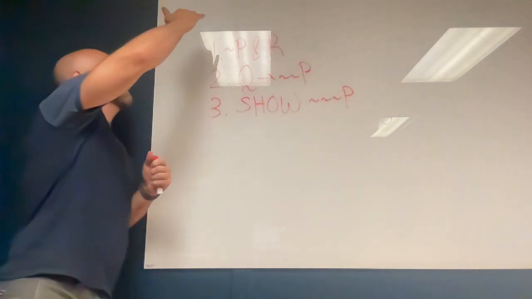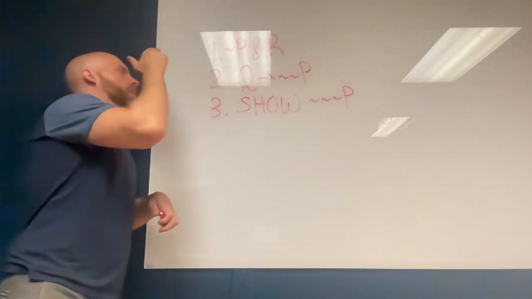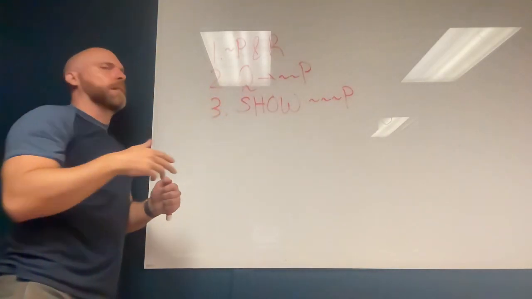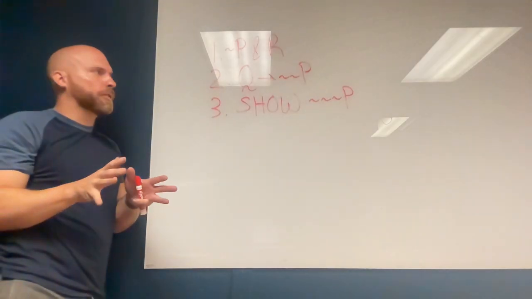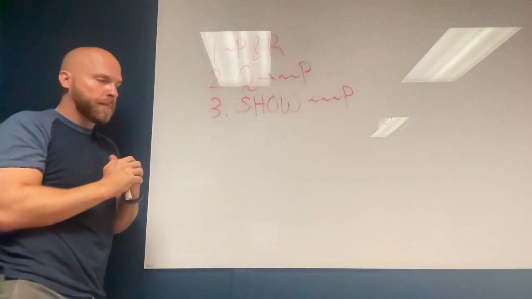So I have written not P and R, first premise. If Q, then not P, second premise. And I just want you to show not P. How do you do it?